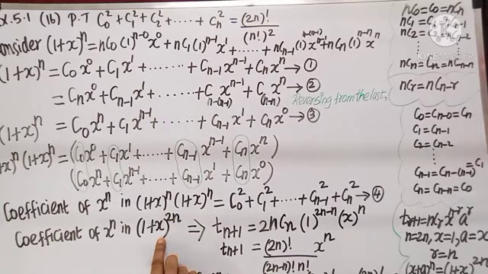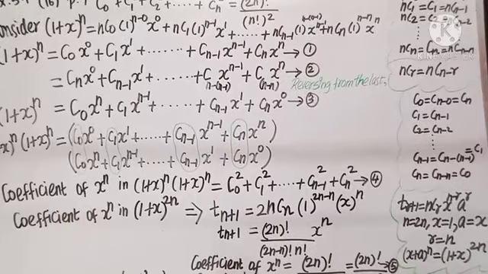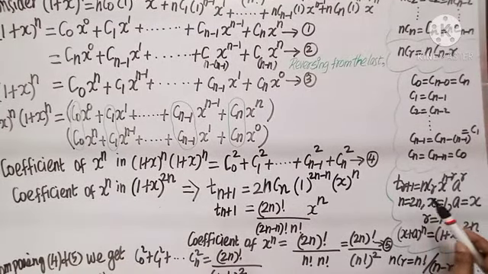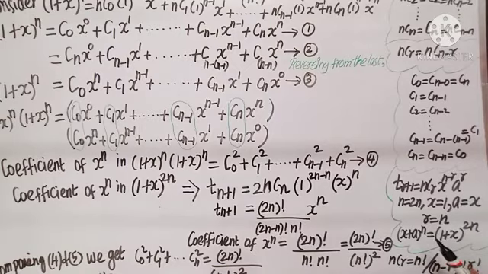Now let us write the coefficient of x^n in this single expansion, for which let us remember the general term: nCr x^(n−r) a^r in (x plus a) the whole power n, where x is the first term, 1, a is the second term, x, n is the power, that is 2n.